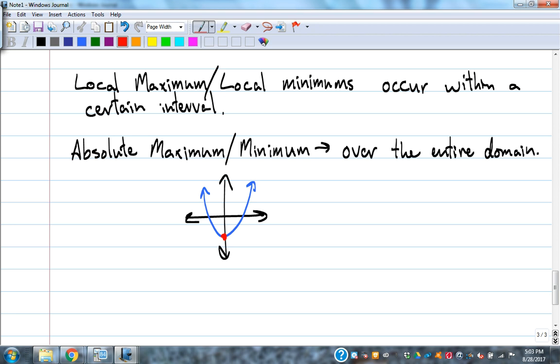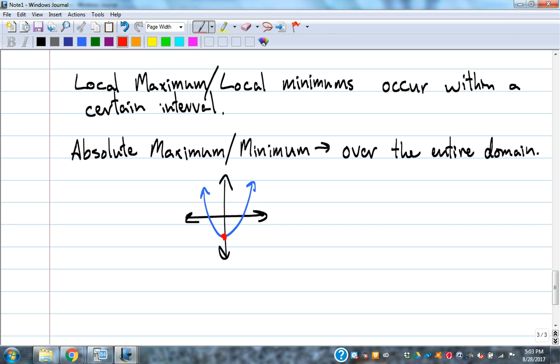It's that point right there. That would be your absolute minimum. If you ask for a local maximum or minimum, and you put a window on it and say it's only in between these 2 points, then you can always have that. But absolute maxes and mins don't always exist. Okay, so there may not be an absolute max or an absolute min, depending on the problem that you're given.